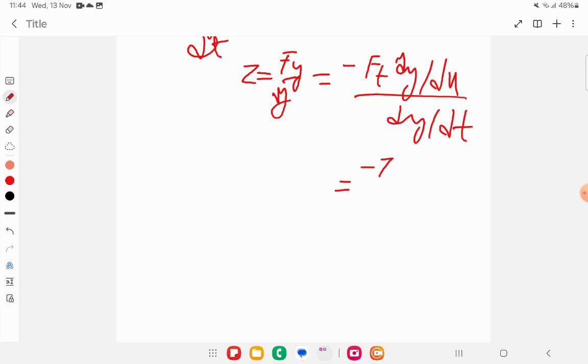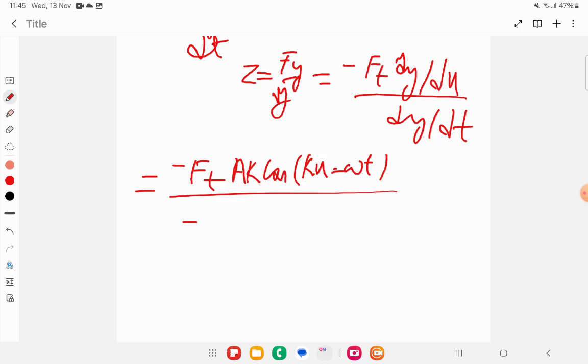That is minus Ft times minus Ak cos(kx minus omega t) by minus A omega cos(kx minus omega t), which gives Ft by k by omega.